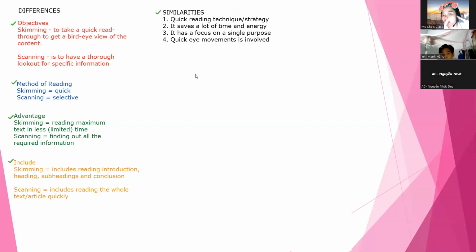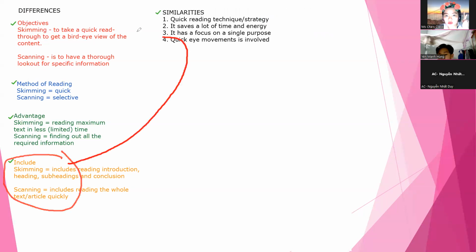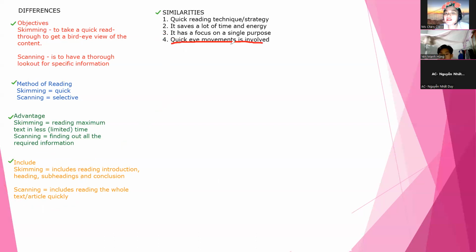A quick reading technique or strategy, saves a lot of time and energy, focus on a single purpose, and you can make use of that one in the includes, and then quick eye movements are involved. Also, skimming and scanning are very useful when it comes to examinations.